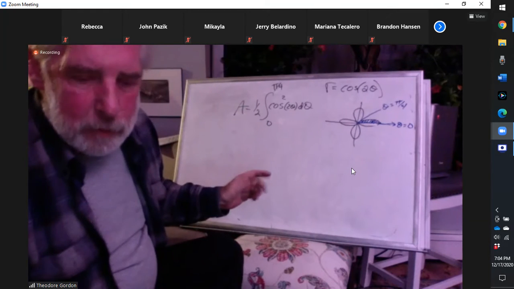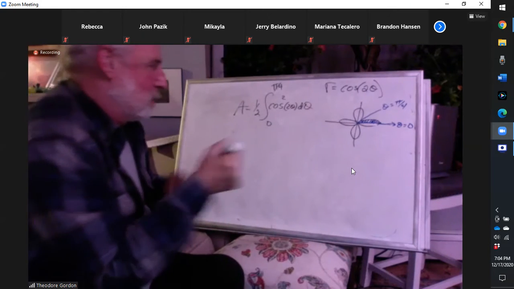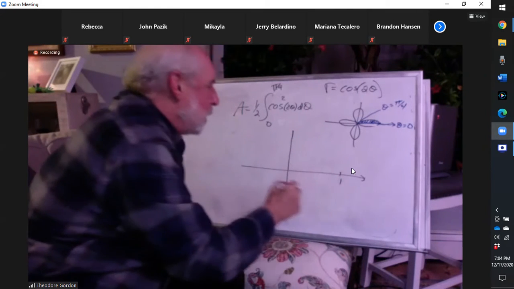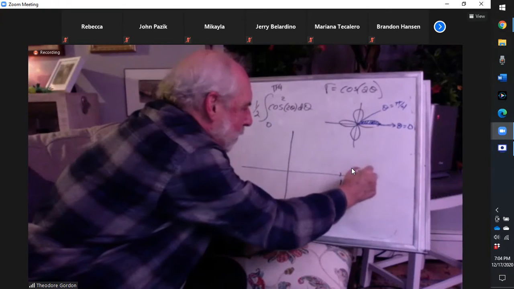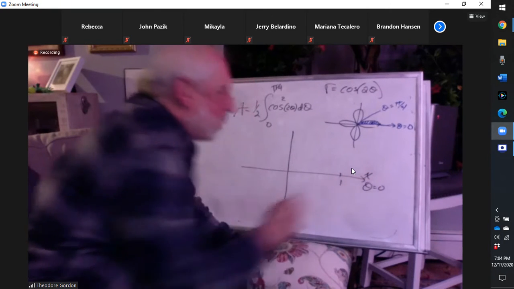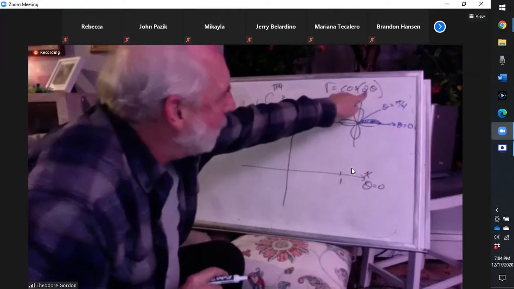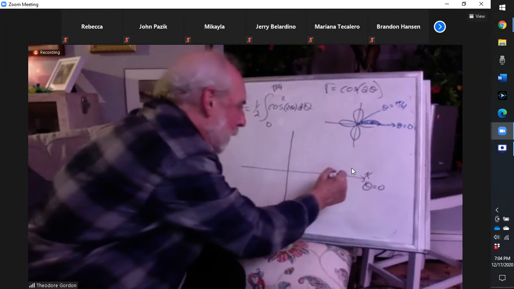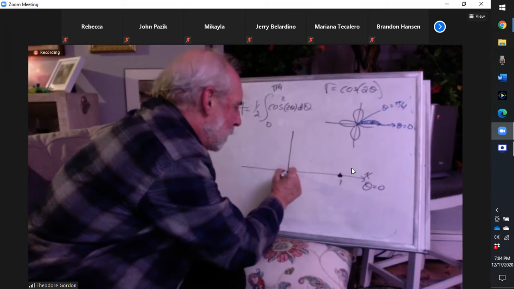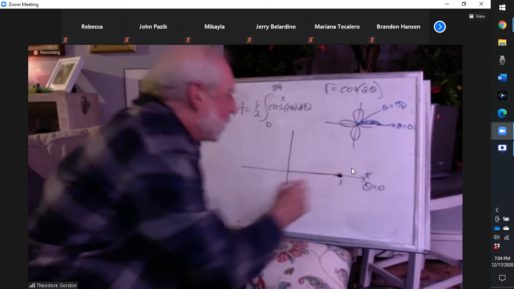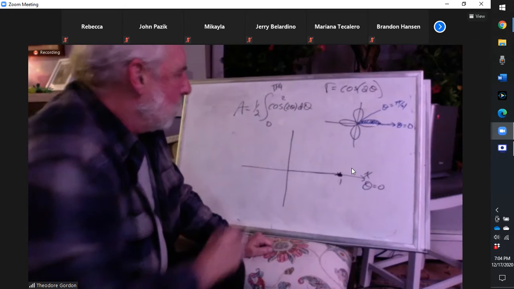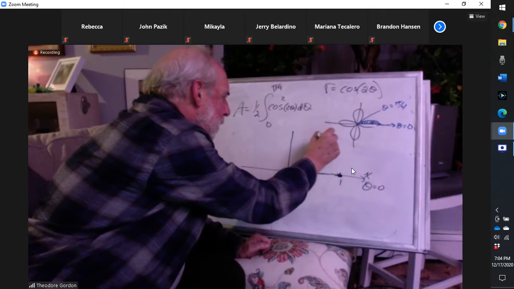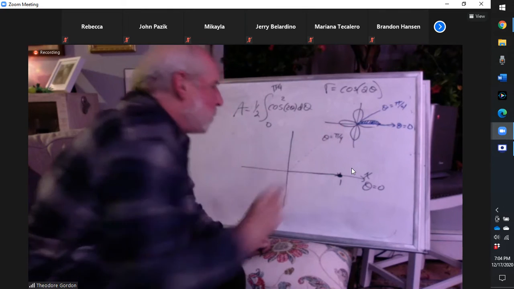So I know. Okay. So let me enlarge this. So the x-axis is theta equals 0. When theta is equal to 0, 2 times 0 is 0, cosine of 0 is 1. So that puts r right here. Now, if I draw this, so here's theta is equal to pi over 4.